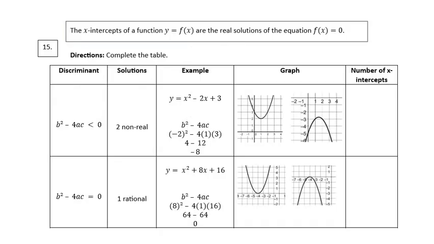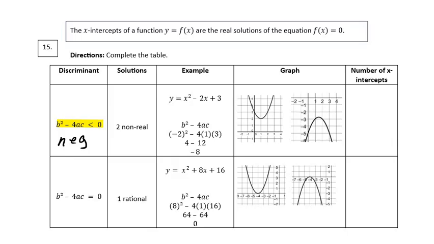Now we're going to go back and talk about the discriminant again. In this table, first example that I'm looking at, I have the discriminant to be less than 0. That means my discriminant is negative. If my discriminant is negative, I'm going to have a negative under a square root, and I know that those are imaginary numbers.